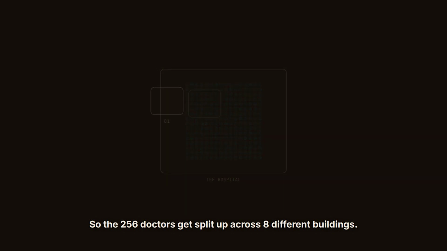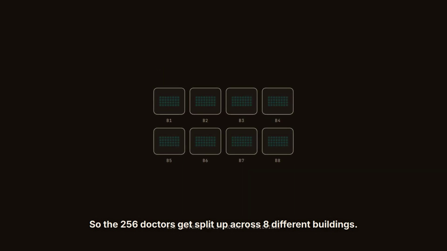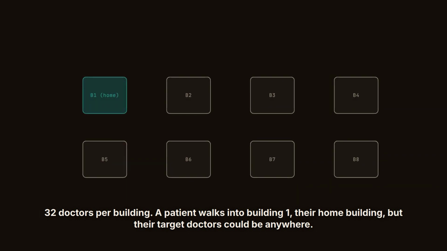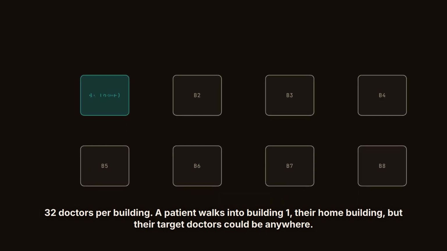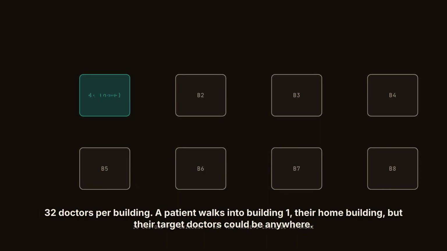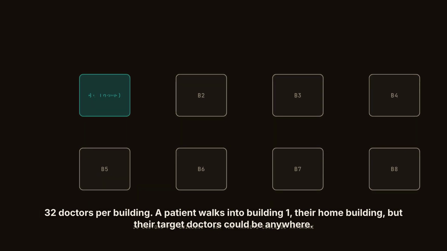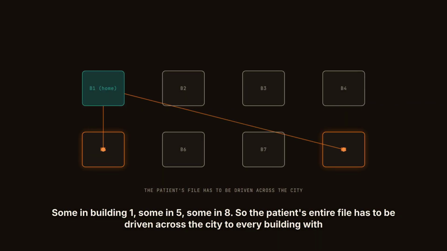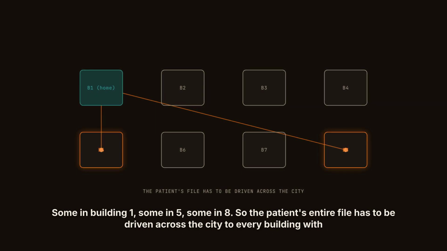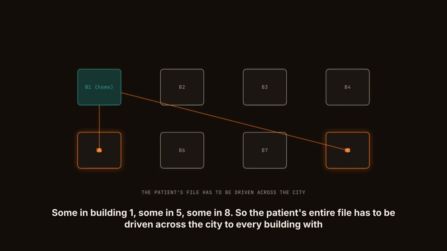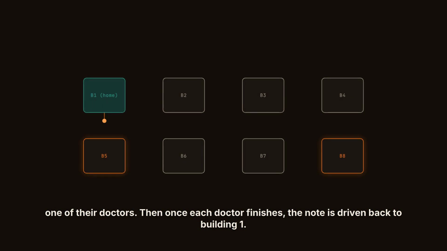It never does. So the 256 doctors get split up across 8 different buildings, 32 doctors per building. A patient walks into building 1, their home building, but their target doctors could be anywhere. Some in building 1, some in 5, some in 8. So the patient's entire file has to be driven across the city to every building with one of their doctors.